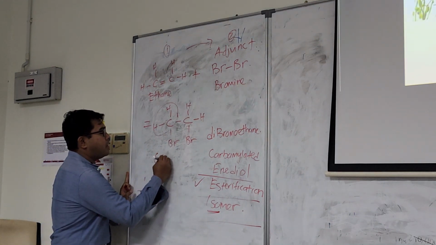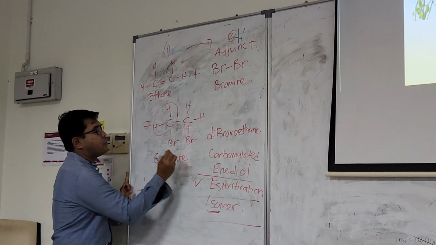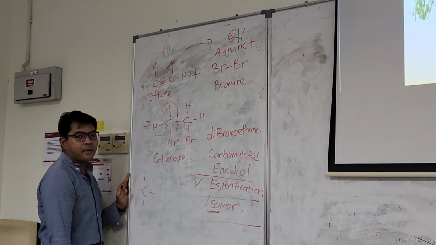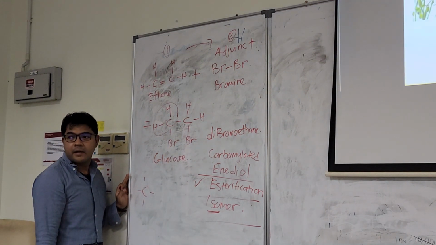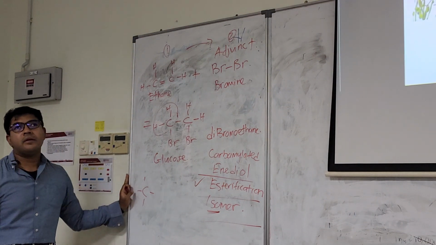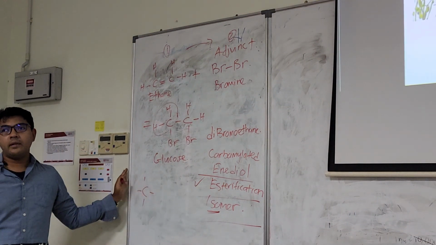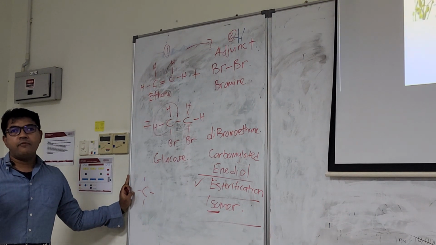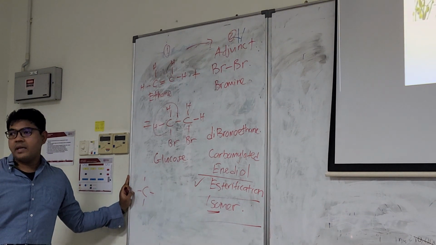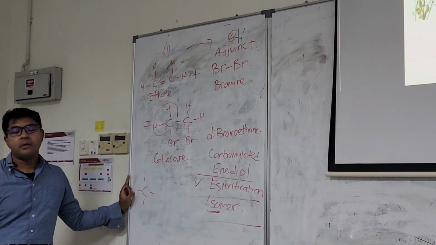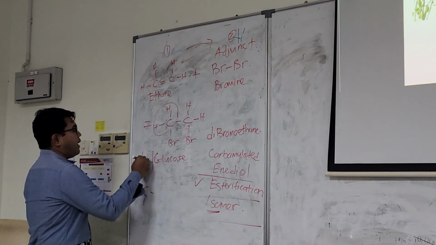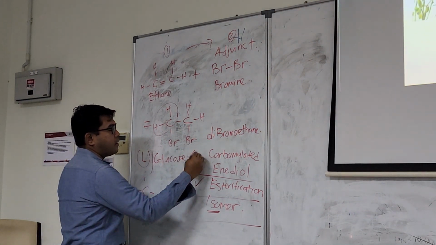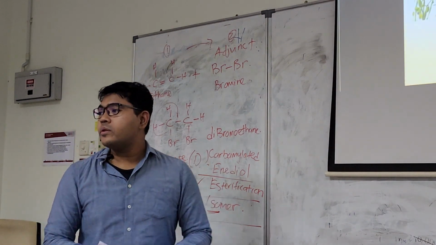If I talk about glucose, how many isomers will there be? Isomer shows that there could be many forms of it, but actually it's the same molecule, like the L and D glucose.